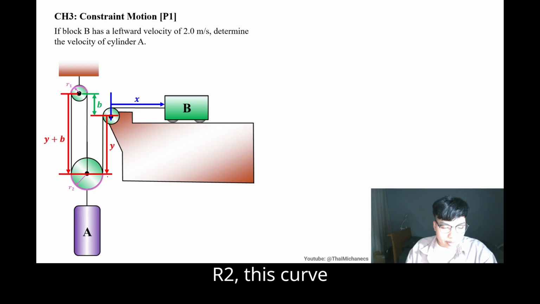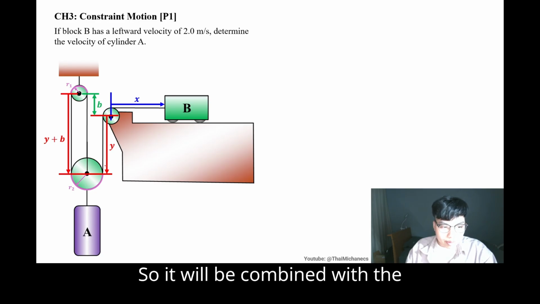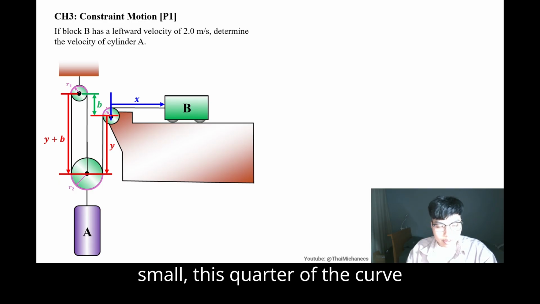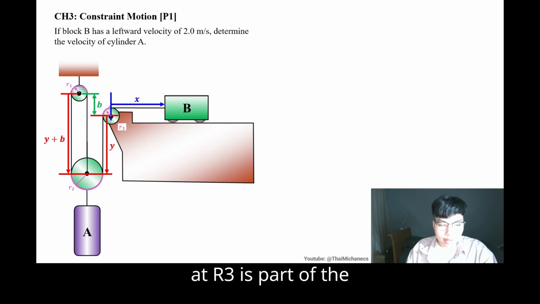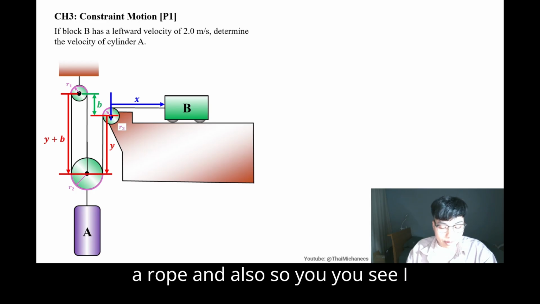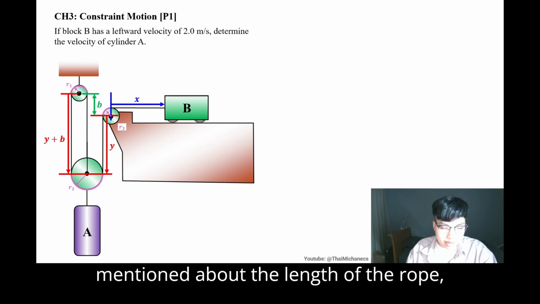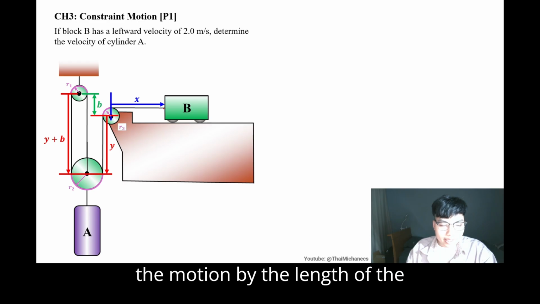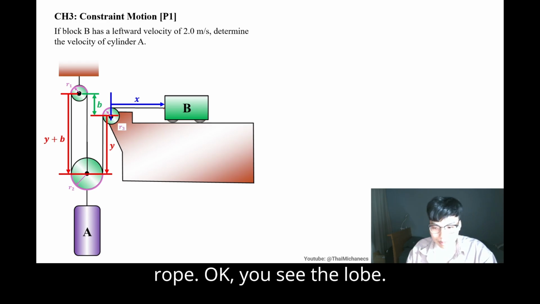This curve is also part of the rope, so it will be combined in the total length of the rope. Also this quarter curve R3 is part of the rope. I mention the length of the rope because we will start describing the motion by the length of the rope.